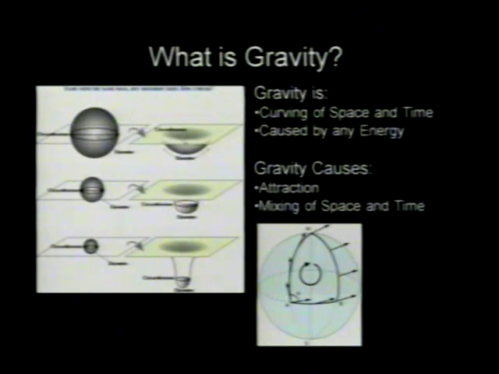Everything, unless it hits something else, is moving on straight lines, as they think. And it just turns out that the surface is curved and you meet up. That's attraction. That's how things merge and come together under gravity. So it's very simple. There are no forces. It's just curvature of space and time, and everything follows straight lines in that curved space-time.